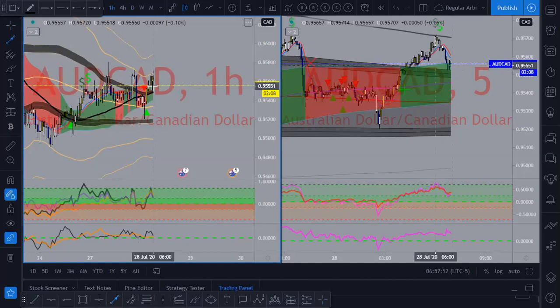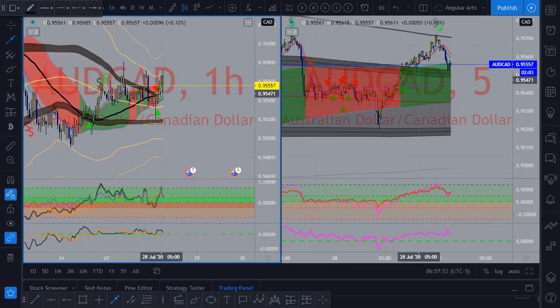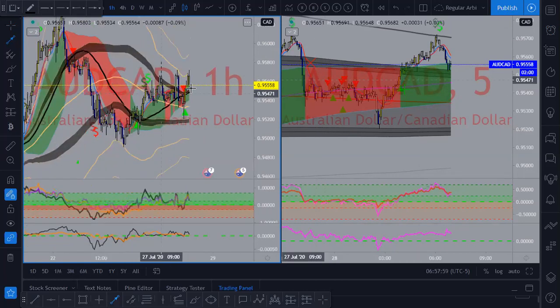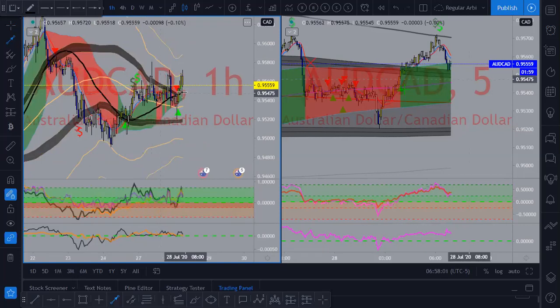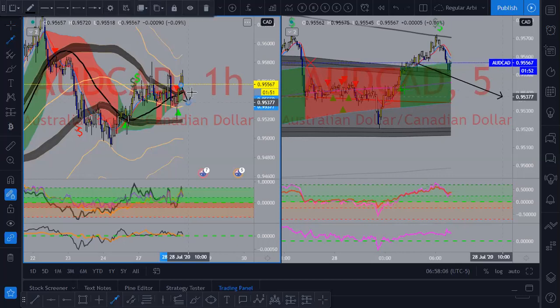But if you do want to get into it, there's just such choppiness right here. Yeah, AUDCAD, I'm not really feeling it necessarily. But if it does sell, it's not on my watch list, I'm not watching this, but I'd wait for the break of the RSI line, the retest, and then the drop. That's what I would wait for on AUDCAD.